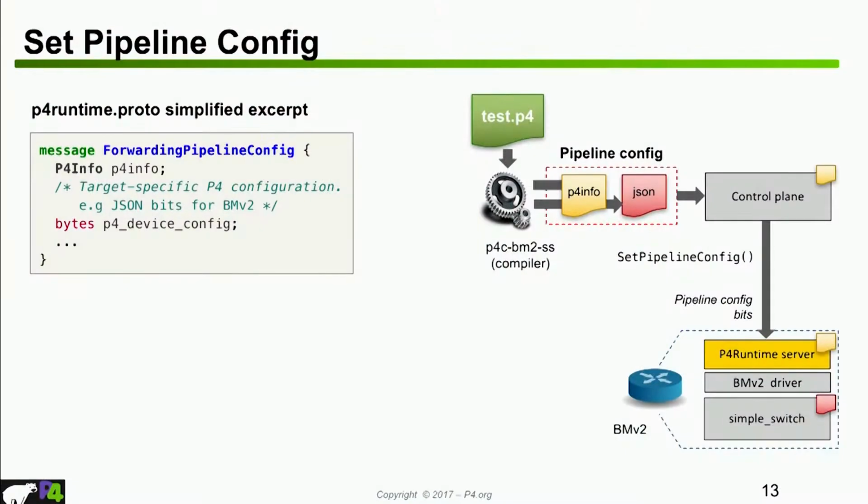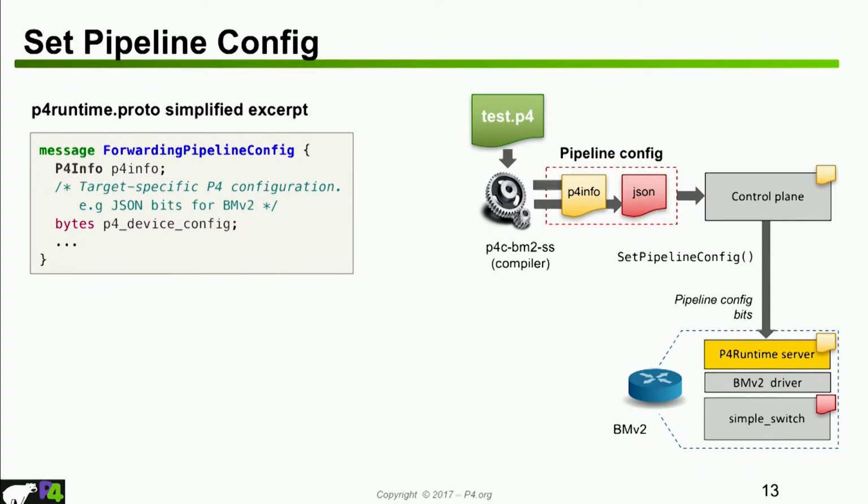So as I said before, you can use P4Runtime also to push a new P4 program onto the switch once the switch has been deployed. For this, the P4Runtime proto definition defines an RPC call called SetPipelineConfig that is used to push down the pipeline config bits. What is this pipeline config? Pipeline config is basically the combination of the P4Info file and the target-specific configuration binary.